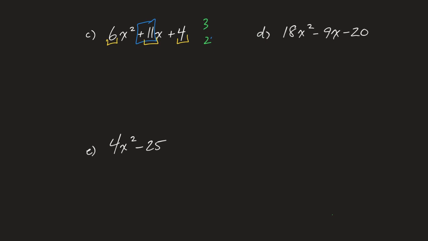I take a look at my middle term, my sum, and I recognize that if I make both those numbers even, there's no way I can get to that middle number. And so I never even try 2 and 2. It never even comes up, so I save all the time I would have spent in that fast factoring.